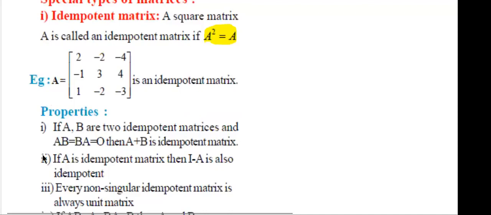Properties of idempotent matrix. If A, B are two idempotent matrices and AB is equal to BA is equal to 0, then A plus B is an idempotent matrix. If A is an idempotent matrix, then I minus A is also an idempotent matrix.